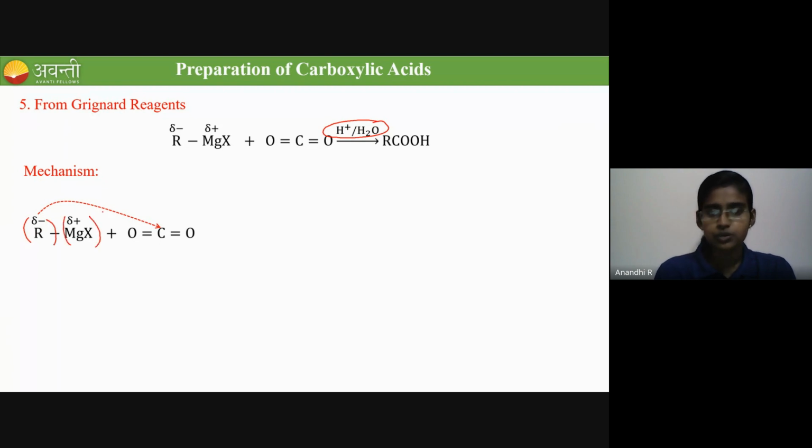You break one of the C double bond O bonds, add the negative part to the carbon and the positive part to the oxygen. You will get this kind of intermediate. Add the R to the carbon and MgX to the oxygen. So what we are getting here is RC, with one C double bond O.